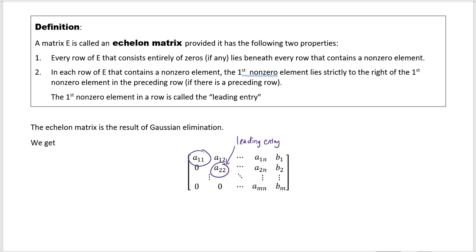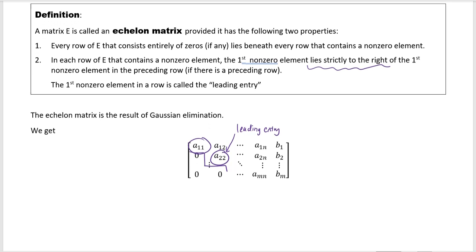And actually, this is a leading entry as well. Then you can see A22 lies strictly to the right of A11. So that's why we get a stair shape. The leading entry lies strictly to the right of the leading entry in the preceding row. So this will give us a stair shape.